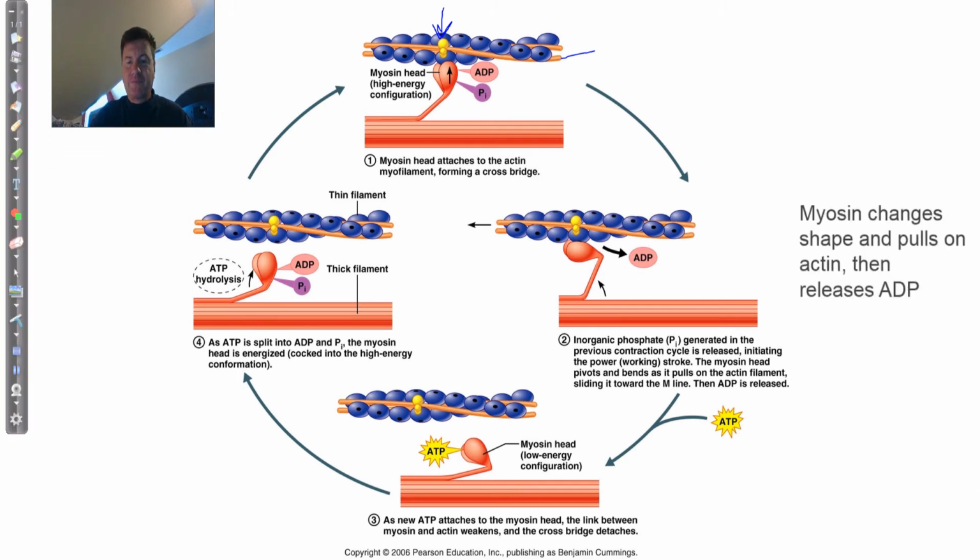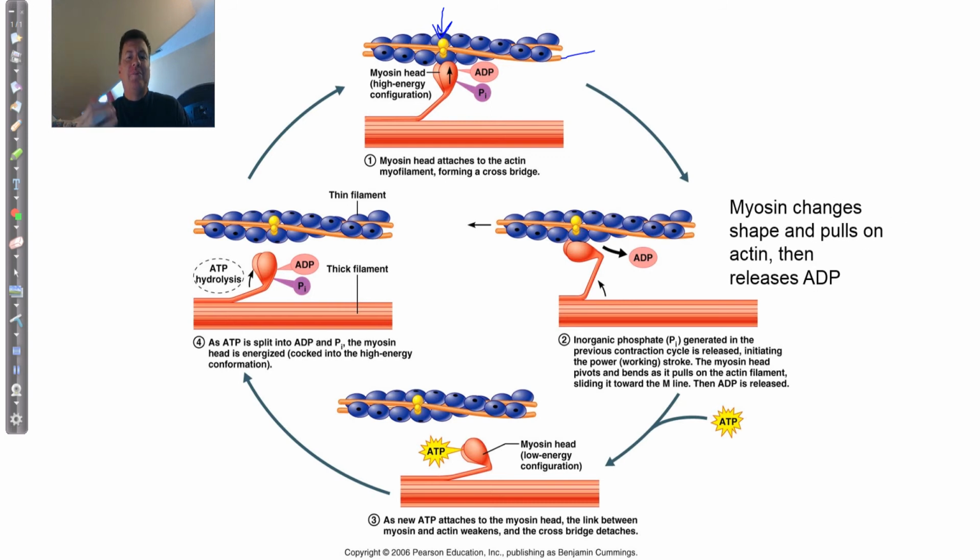So what happens because of this, we have ADP and P. Remember, these represent energy molecules. The phosphate is going to be released. When that releases, that actually is basically giving away some energy, and that causes that change in the position of myosin, so that's what we associate as the power stroke.